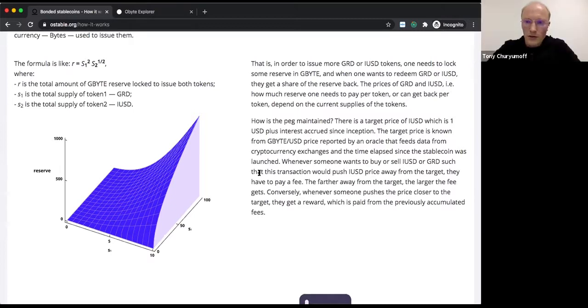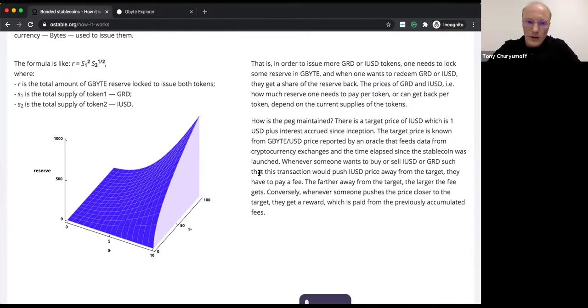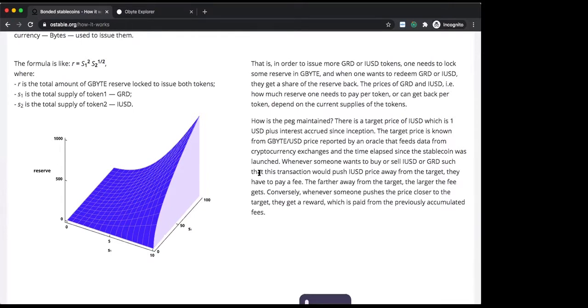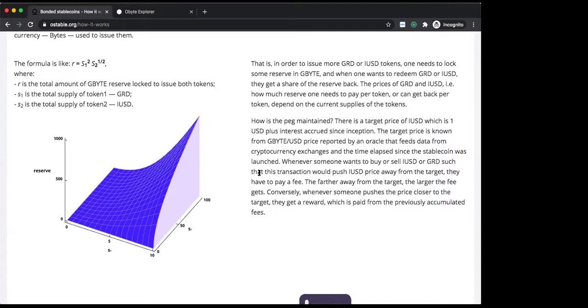On a DAG, and Obyte is a DAG, there is much more predictability about the price you would get from the bonding curve, because you directly add your transaction to the ledger, to the DAG, and nobody can remove it and insert it elsewhere.